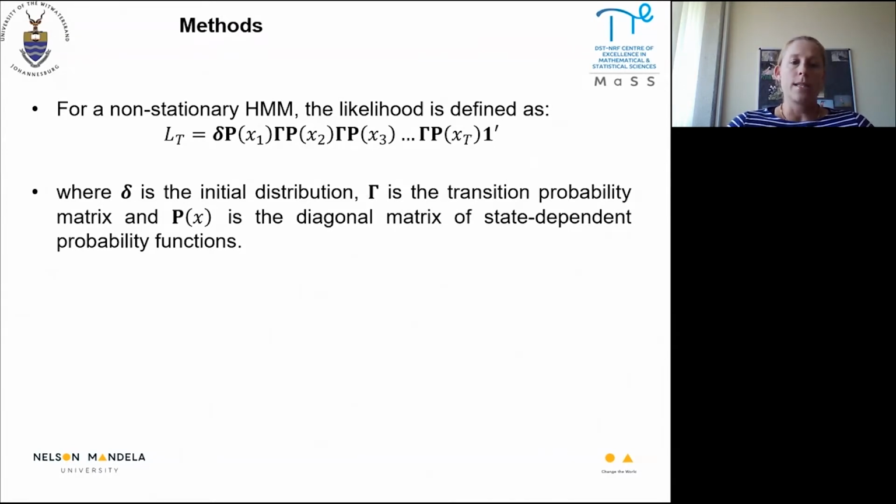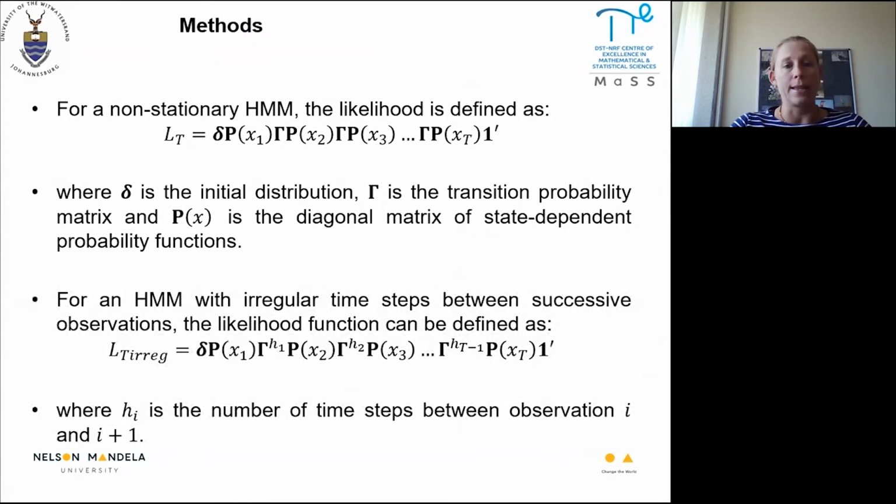So what we decided was to actually modify that likelihood function. Your transition probability matrix at each step is your probability of shifting from one state to another. And what we did was modify the likelihood by raising that transition probability matrix to a power, and that power was the number of time steps between particular observations.